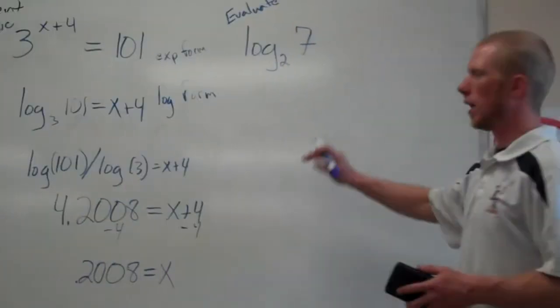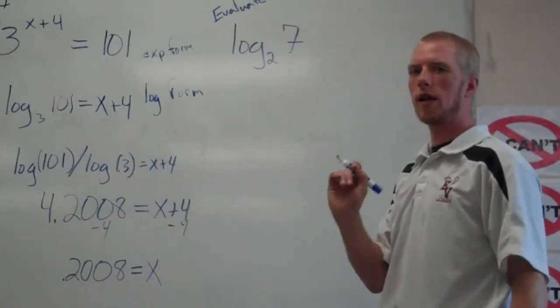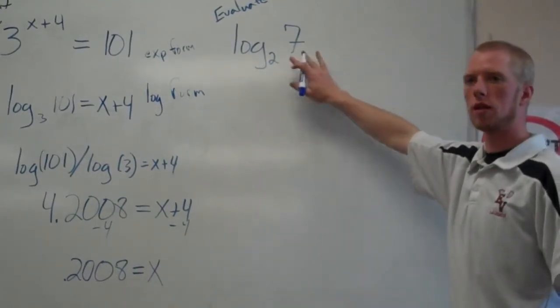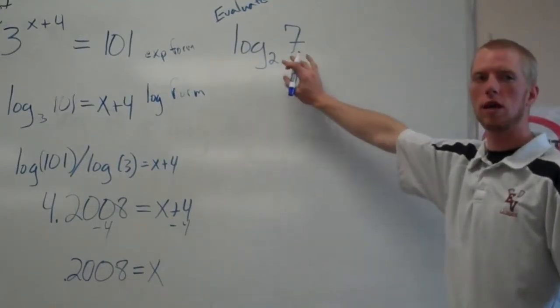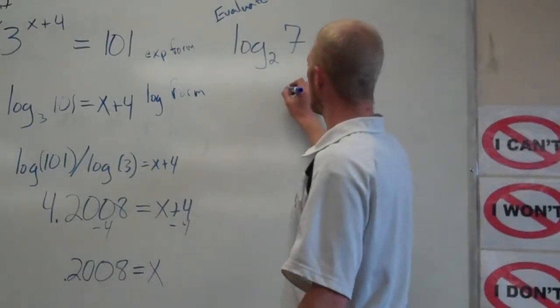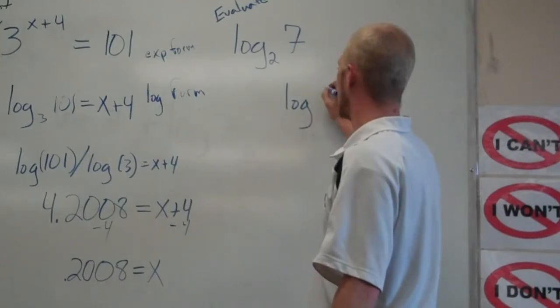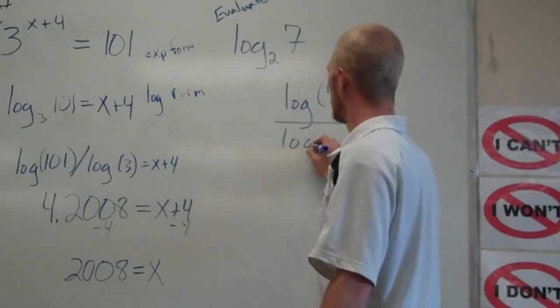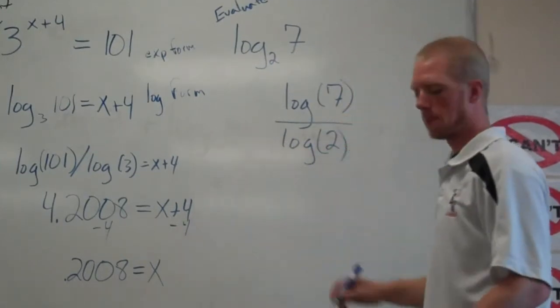Okay. The last type of problem you'll see on your homework is going to be something like this, where it just says evaluate. And it'll say evaluate using the change of base. So using the change of base, we know that this is going to be log of 7 divided by log of 2.